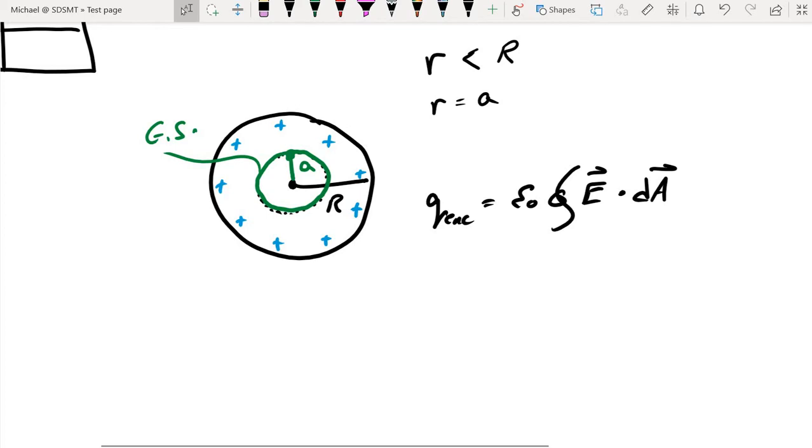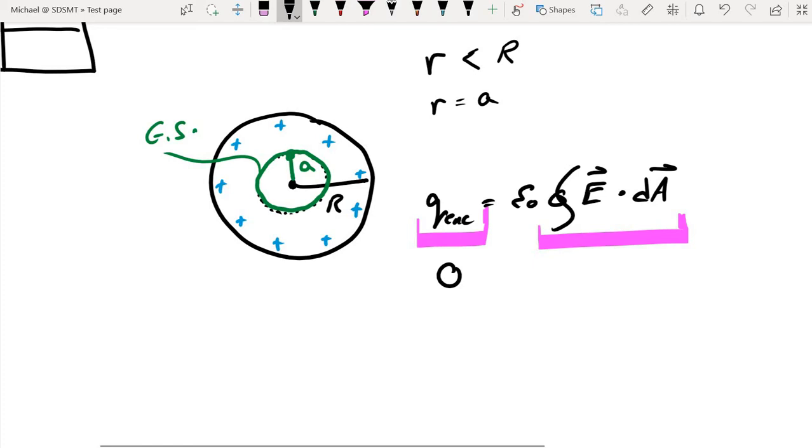Now there's two ways to go about this. We can try figuring out what the electric flux expression is going to provide, but all of our charges are currently outside of our container. In other words, our Gaussian surface is not containing any charge.